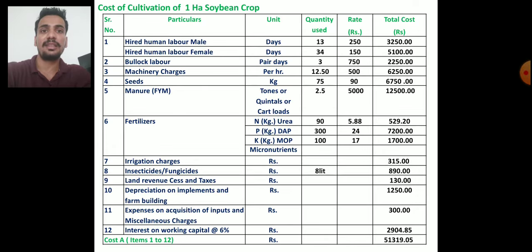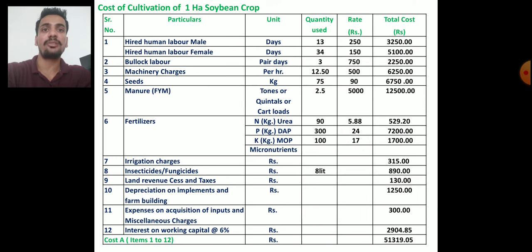Okay. Now next is fertilizers. Most important, the recommended fertilizer dose for soybean is 25, 60 and 40. The recommended dose and the actual dose given by the farmer are different. If I have to give 25 kg nitrogen, I have to apply urea.